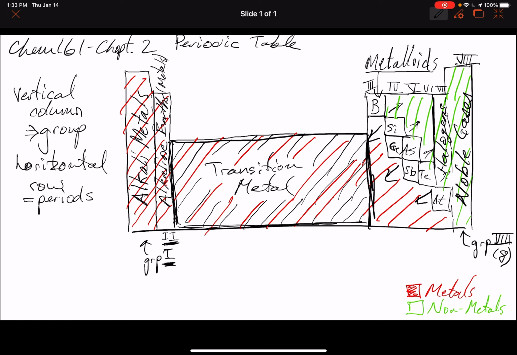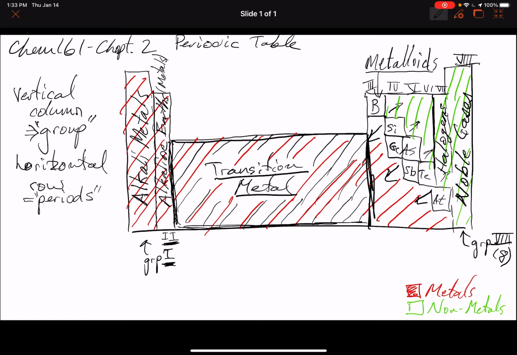Okay, so those are the major territories of the periodic table, and you're responsible for knowing all the terms here. So knowing what a group is, knowing what a period is, knowing where the transition metals are in the periodic table, knowing the staircase boundary.